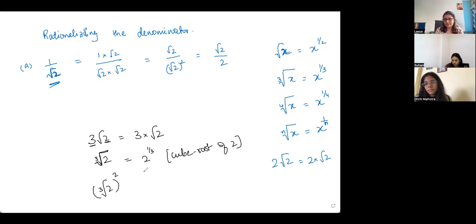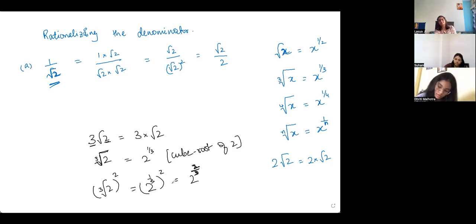We can't do anything else with this. If we want to simplify, this will be equal to 2 power 1 by 3, and this is raised to 2. So this will technically be equal to 2 power 2 by 3. But if it is raised to 3, then it becomes a cube. So the cube and cube root get cancelled and that will be equal to 2.